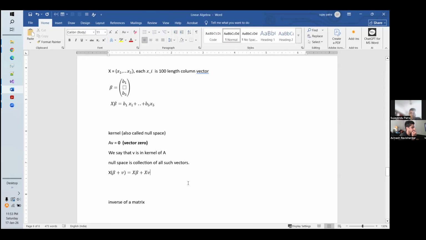You agree to this? Yes. Now suppose Xv is 0 because v is in the kernel. Then this is the same as X beta. So whatever goodness of prediction you get by beta, you get the exact same output with beta plus v also.